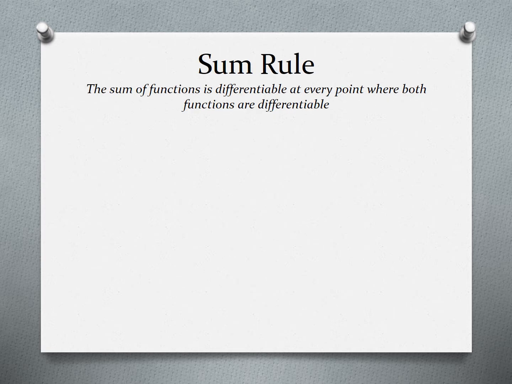Now we have the sum rule. This is another one that's very helpful. It seems very basic. We're really just talking about the sum of functions, and if they're both differentiable, then they're differentiable separately. It allows us to split them up and differentiate them apart from the plus that we have there.